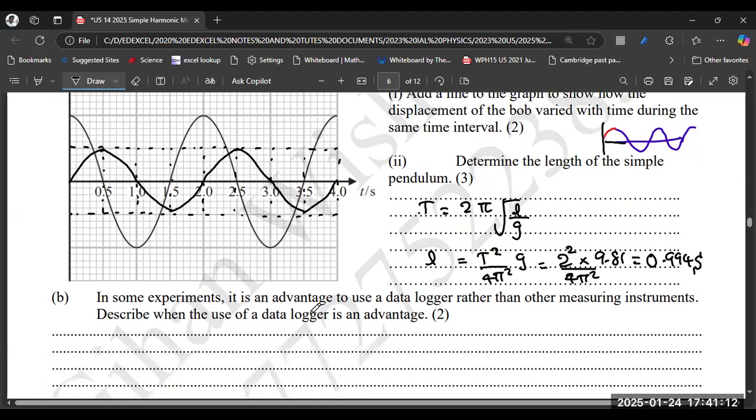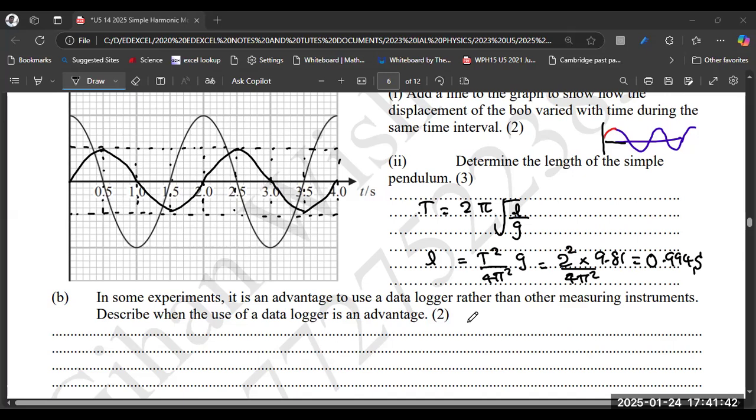In some experiments, it is an advantage to use a data logger rather than other measuring instruments. Describe when the use of a data logger is an advantage. Now, data loggers are always used with sensors. There are several ways that data loggers, when connected with sensors, can be advantageous for us.